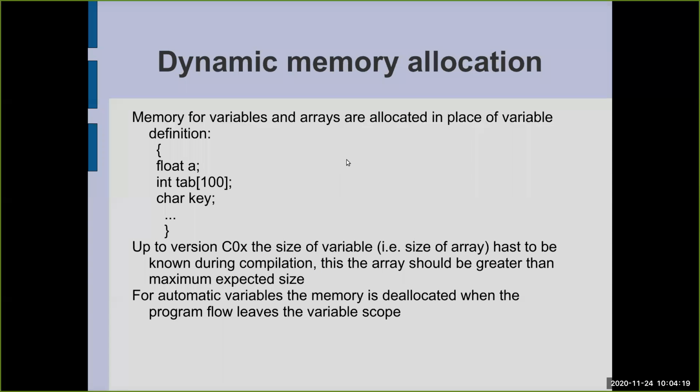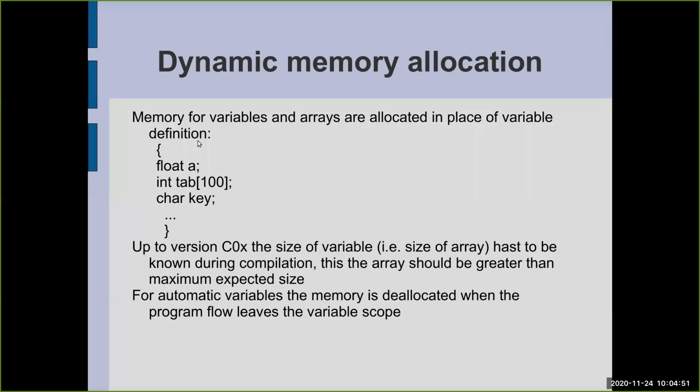Now I'd like to tell you something about memory allocation. So far, I showed you how we can extract address of particular static variable or automatic variable. Now, I'd like to tell you how we can allocate memory dynamically. So I mean in runtime.